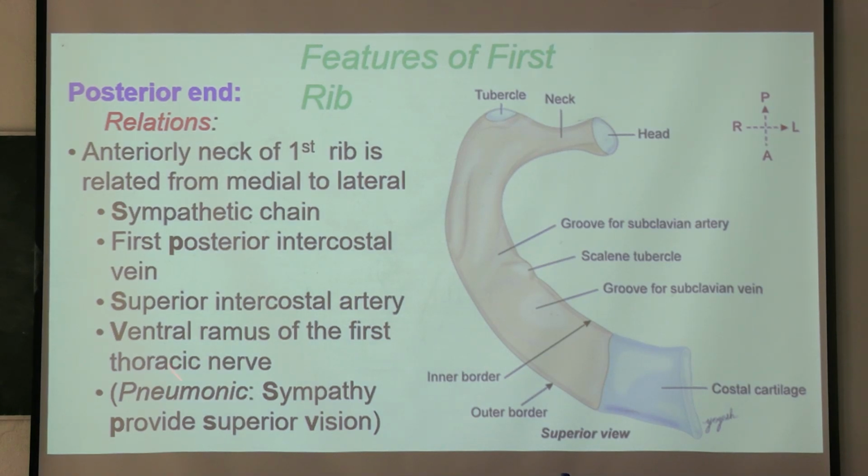You can remember it like this: sympathy provides superior vision, or you can make your own mnemonic. Sympathetic chain, then the vein, first posterior intercostal vein, then superior intercostal artery and ventral ramus of first thoracic nerve. This is very frequently asked in your viva. Relations of the neck of the first rib. Okay, understood?